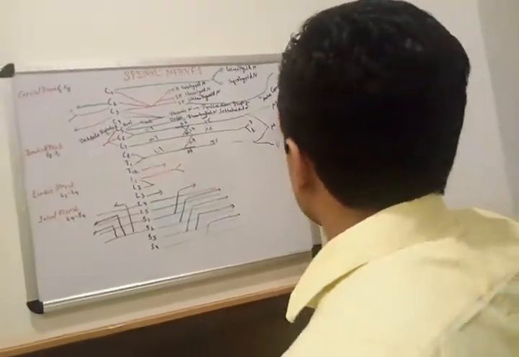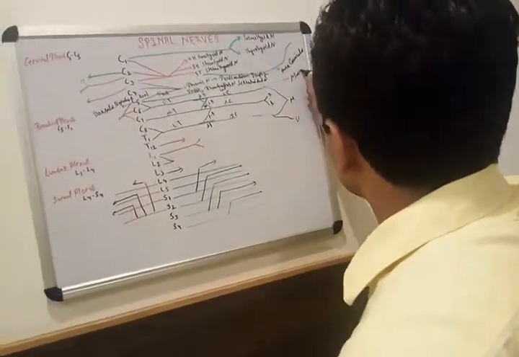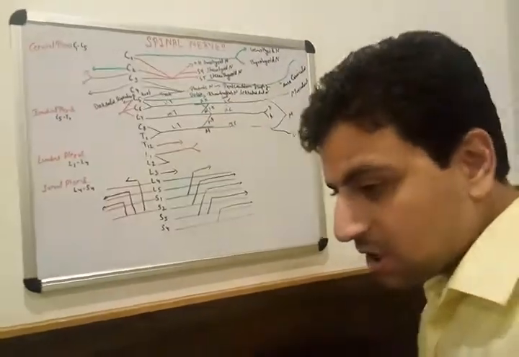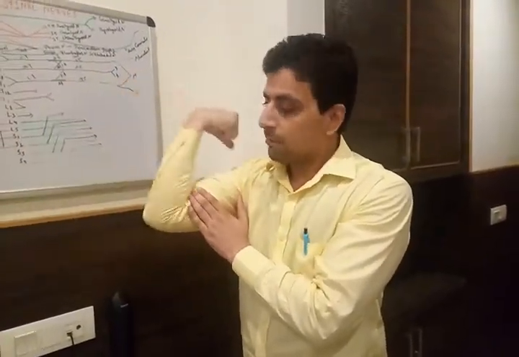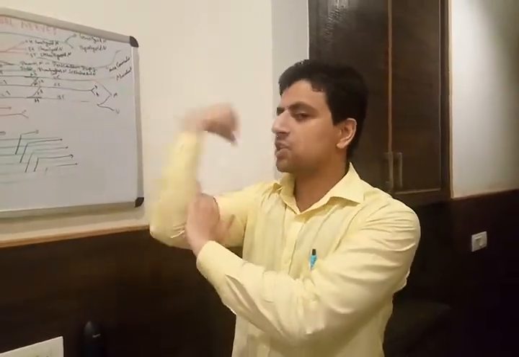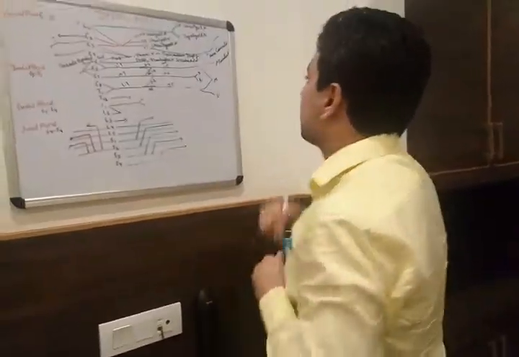It innervates the deltoid also, and the patient will not be able to flex the biceps at the elbow. So there is a flexion problem. This is flexion, this is extension. If the nerve is damaged, he is not able to show his biceps. It's a flexion problem.